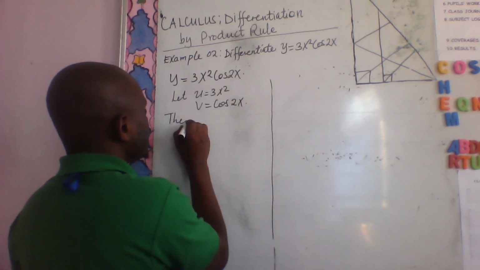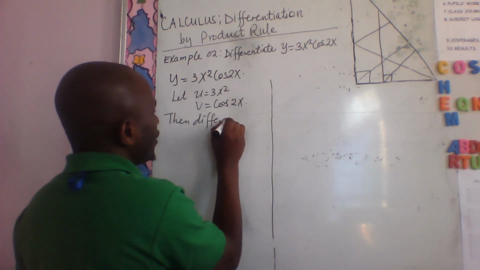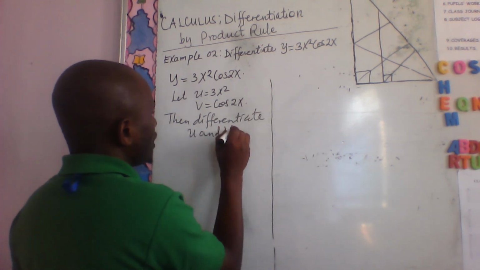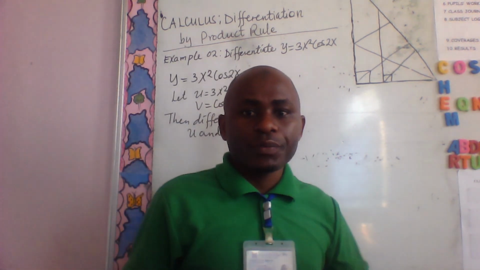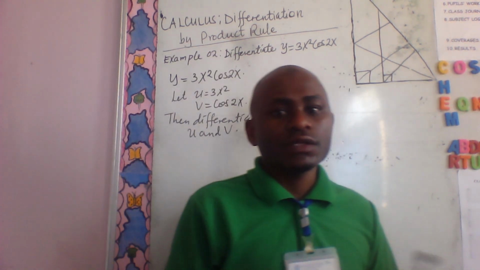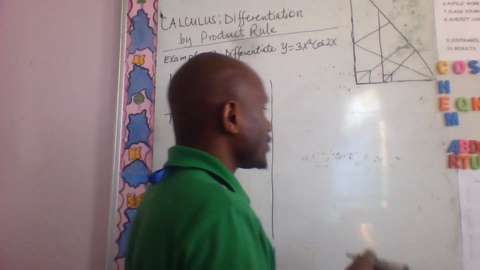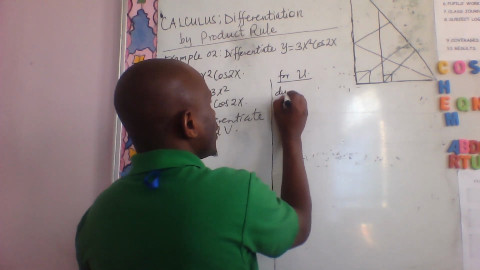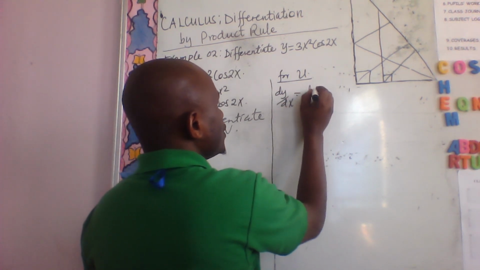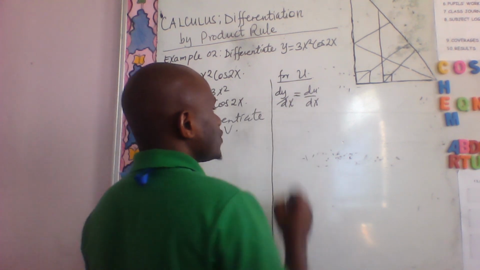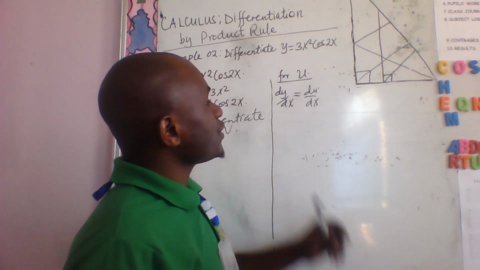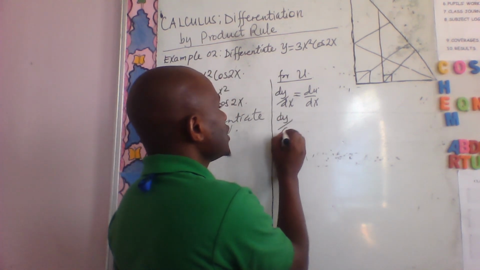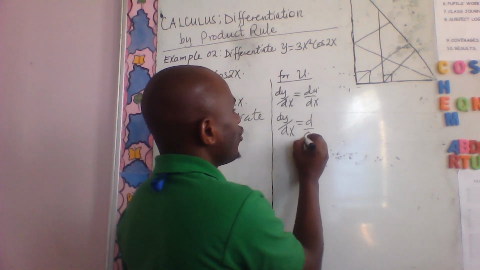Then differentiate u and v. So you're supposed to do so. Let us start with u, to differentiate u. So for u, dy over dx is equal to du over dx. That is what we are doing. So dy over dx is equal to d over dx.